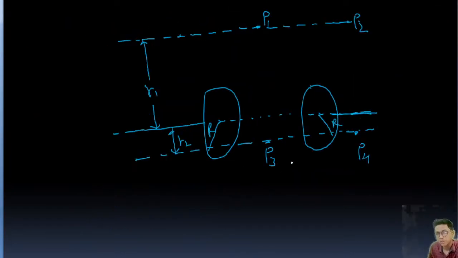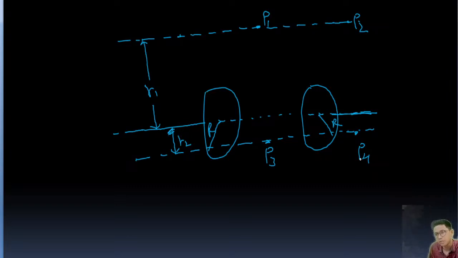So this means the distance of P3 and P4 from the line joining the centers of the circular plates is R2.